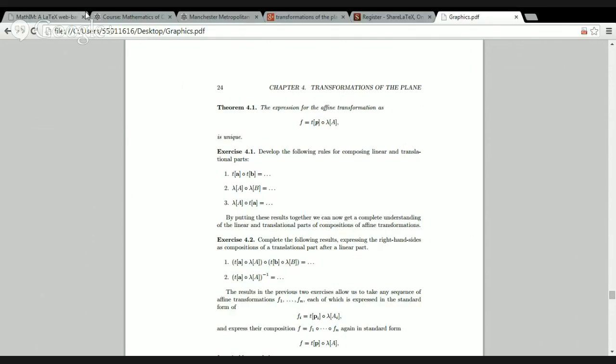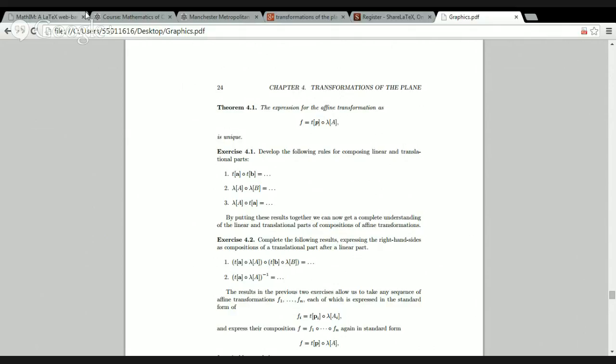So we just have to push the TB past the TA to get it beside the other translation. Then we combine the translations and combine the linear transformations. The linear transformation is represented by the matrix AB, and the translation part will be A plus matrix A times vector B.